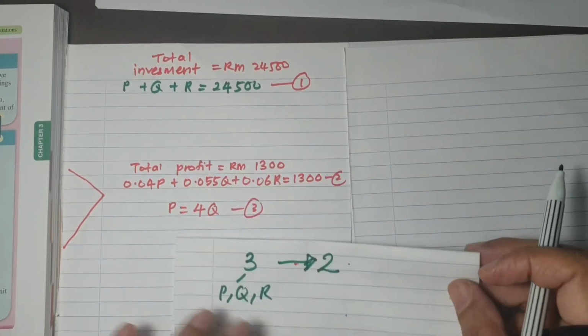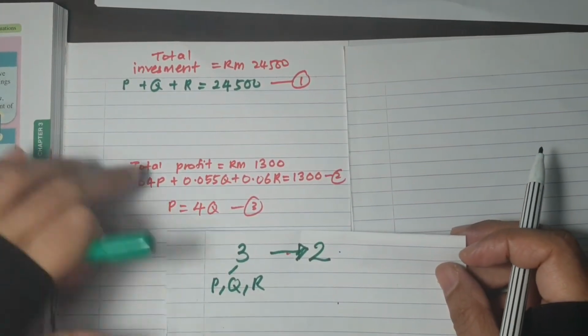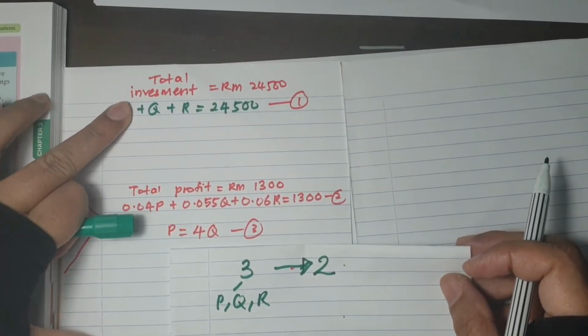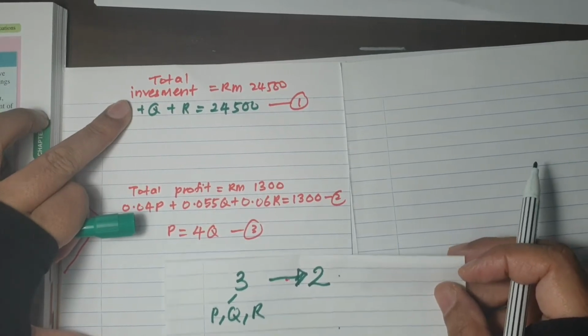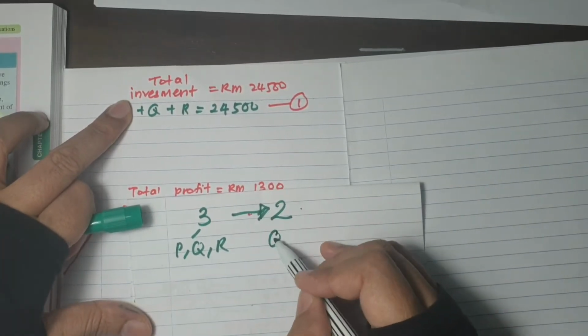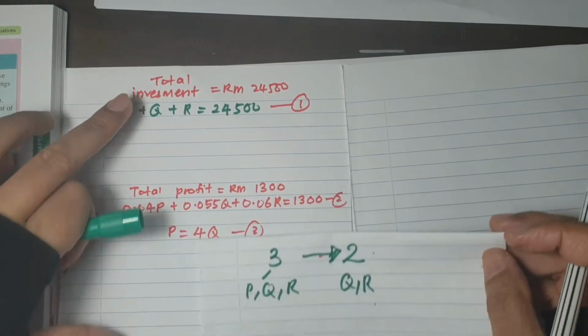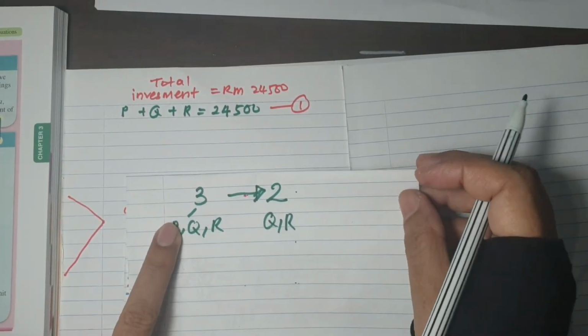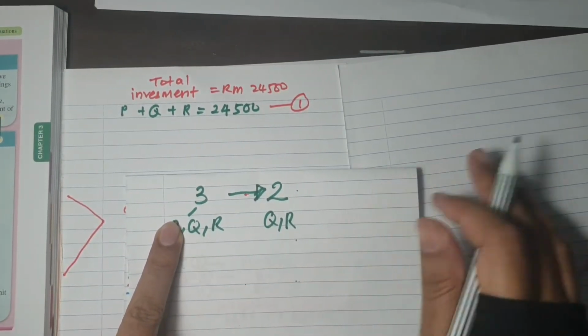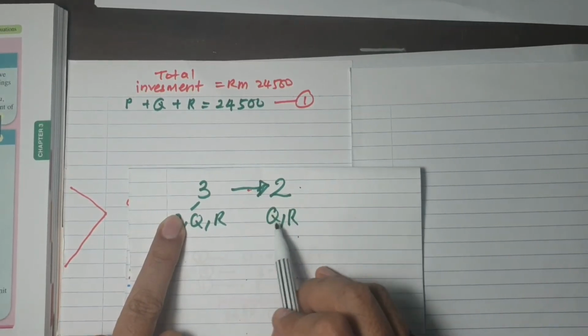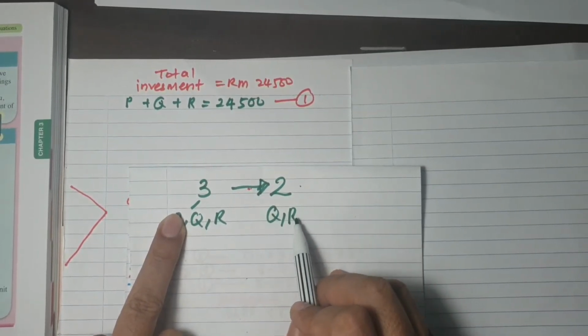So if you make P as your subject, all the equation right now is in terms of Q and R only.